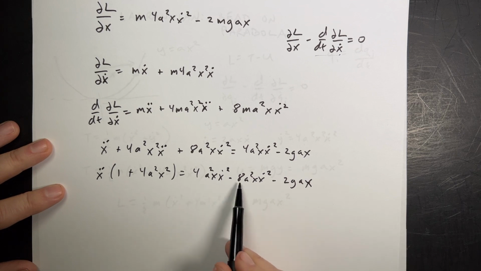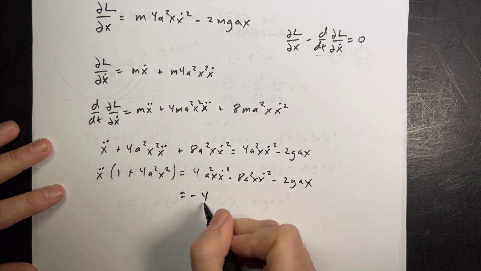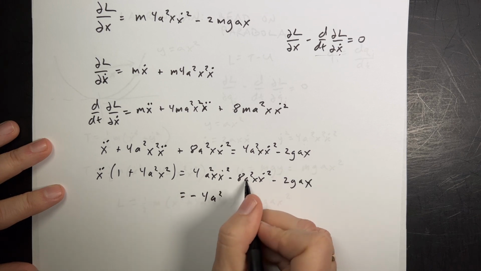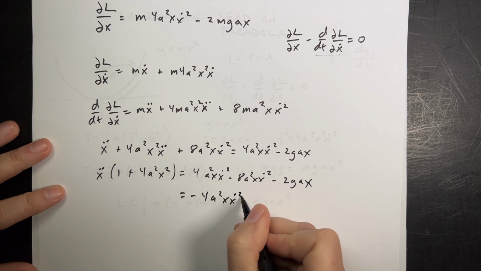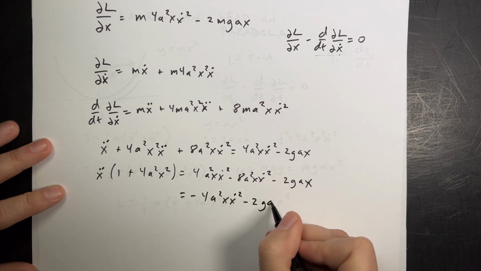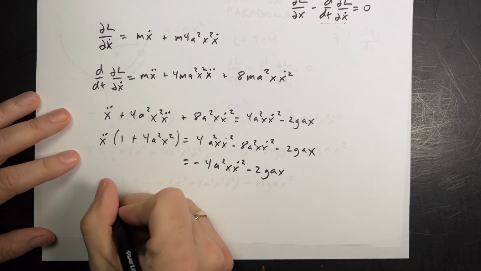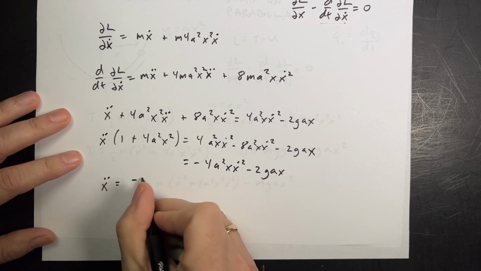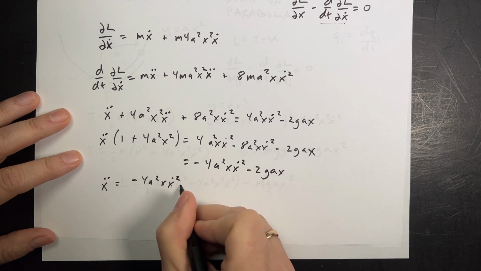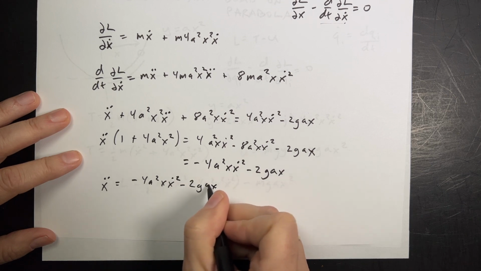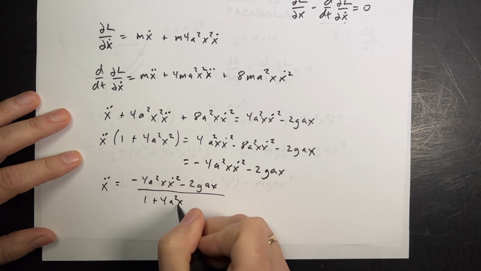And you see here, these are the same terms, so I can combine them together: minus 4a squared x dot squared minus 2gax. Now I can solve for x double dot: x double dot is negative 4a squared x dot squared minus 2gax, all of that over 1 plus 4a squared x squared.